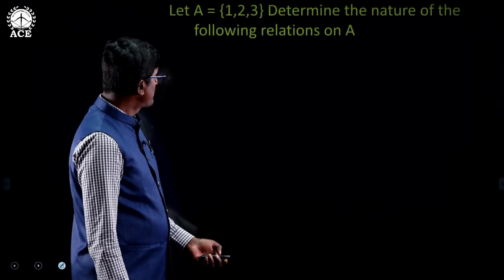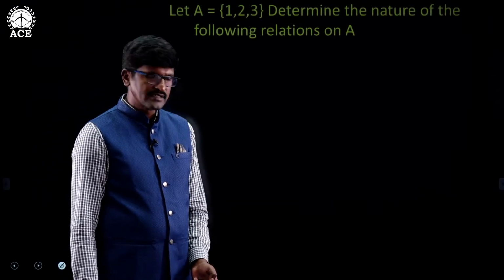So this is about transitive relations. These are all the properties of relations: reflexive, not reflexive, irreflexive, symmetric, not symmetric, antisymmetric, transitive, and not transitive.